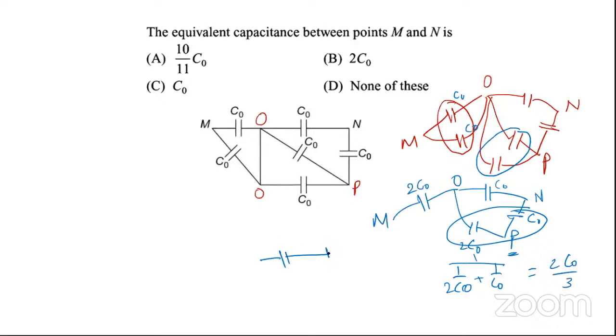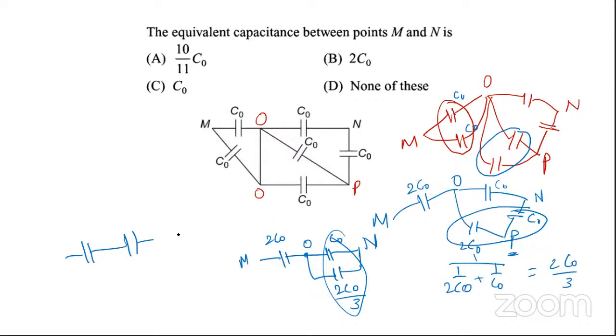So that reduces our circuit to, now these both are in parallel. So this becomes C naught plus 2 C naught by 3.